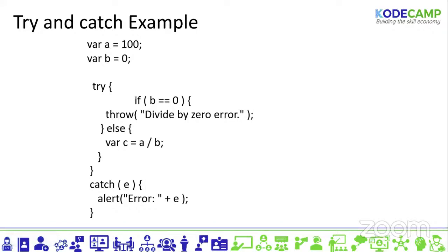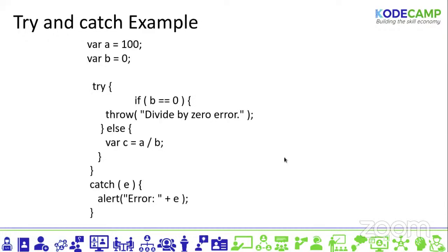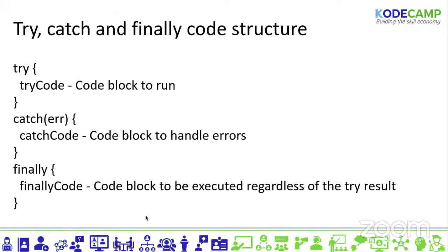So the finally code block is executed after the try and catch clauses, regardless of any exception. The way finally works is whether there is an exception in this try statement or there is no exception, the finally block of code will always run as far as that program is being run. So let's look at how that works.